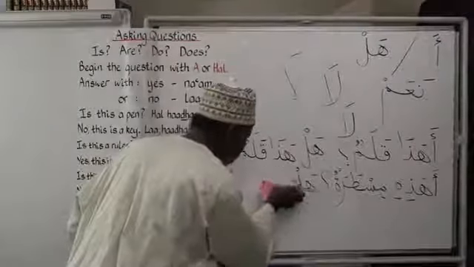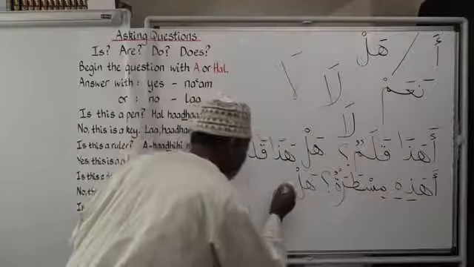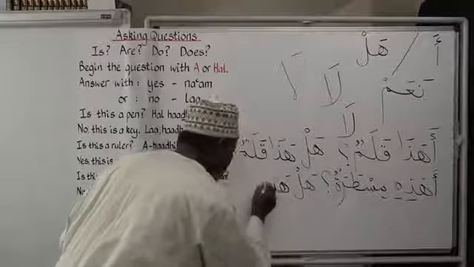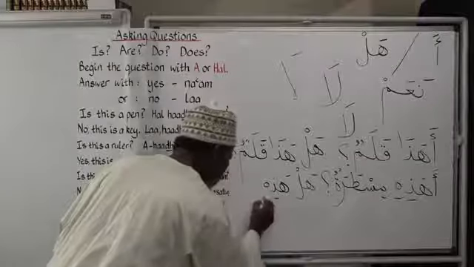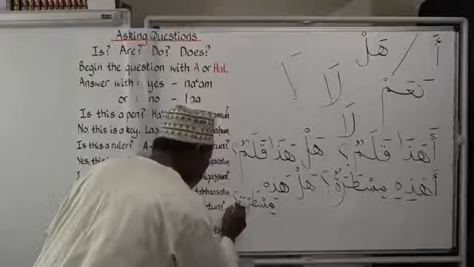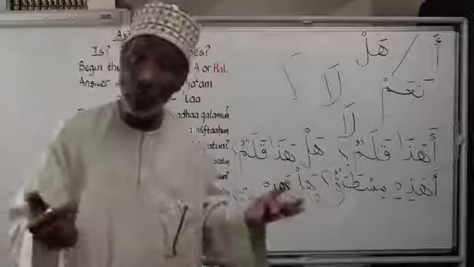Make sure that the Hal is independent. So هل هذه, and then you say مسطرة. هل هذه مسطرة؟ Is this a ruler?